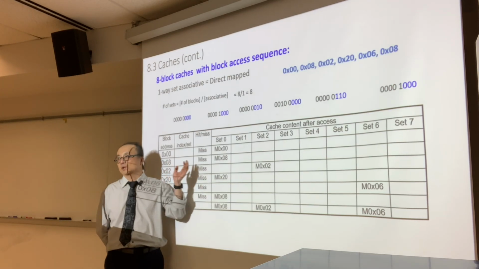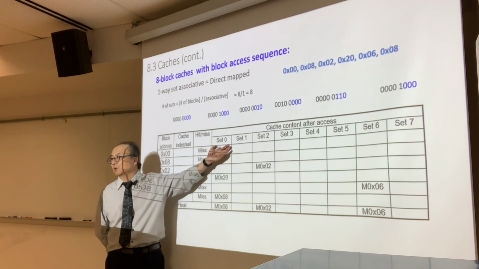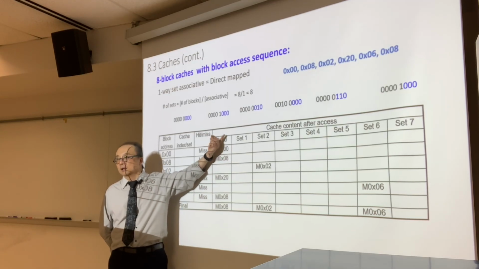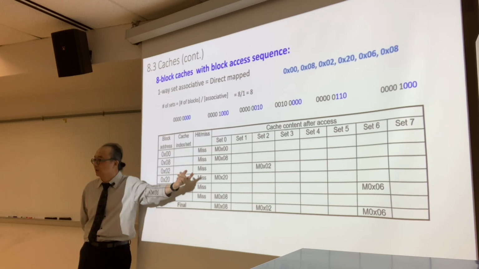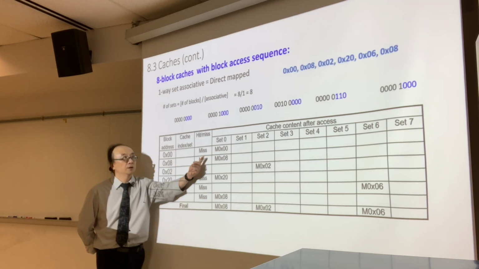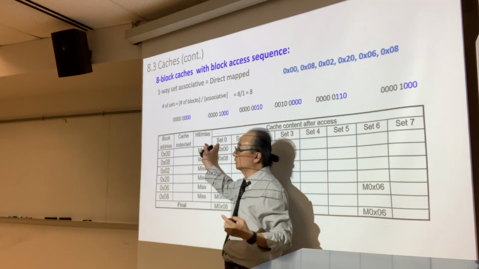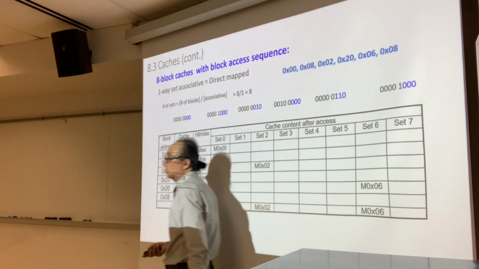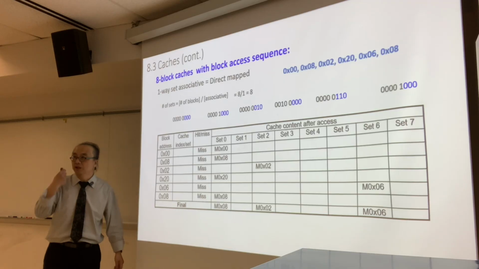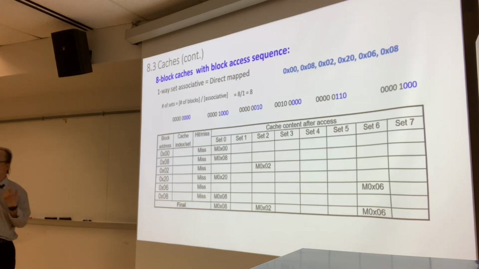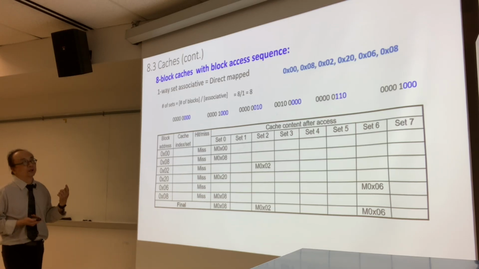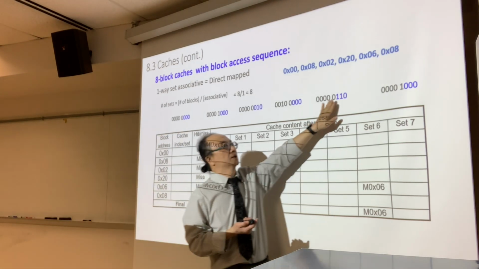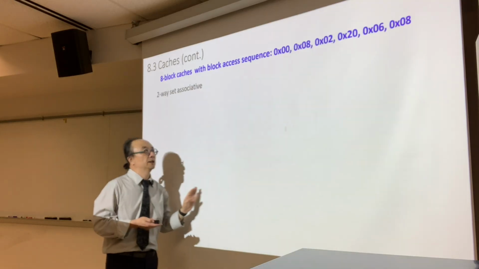How many bits for index in this example? With 8 blocks in the one-way set associative, how many bits for index? 3 bits, to cover 0 to 7. That's the 3 bits of index we need. Since there is no offset, the last 3 bits are going to be the index.